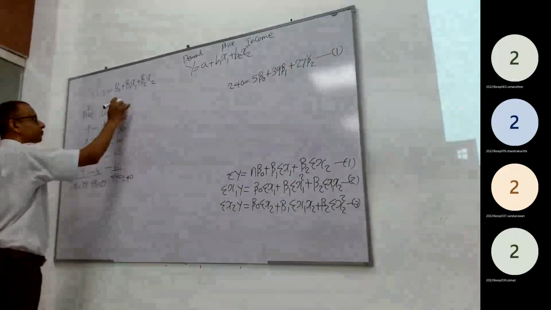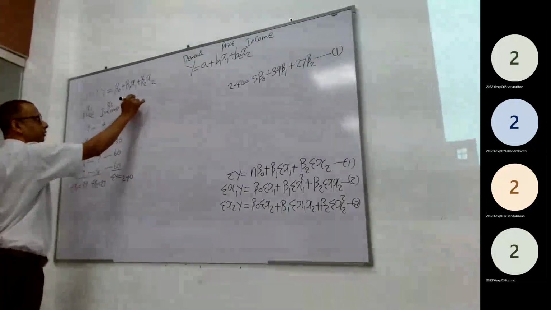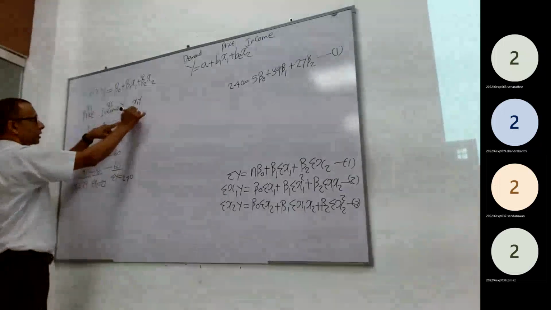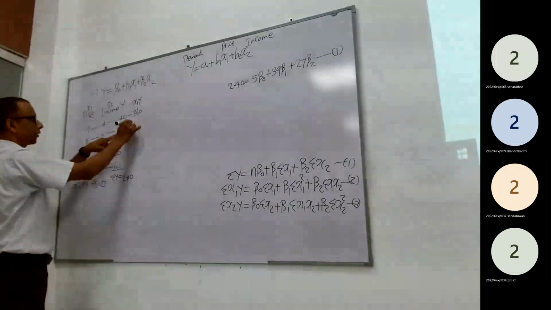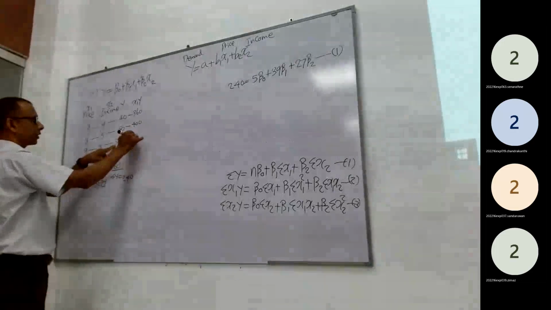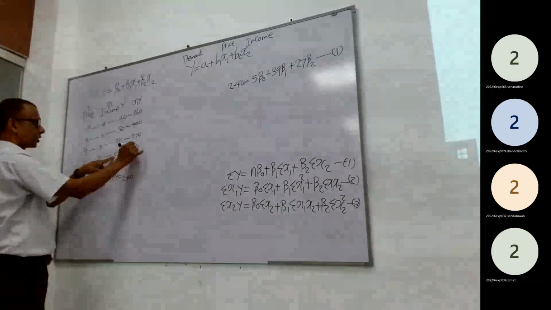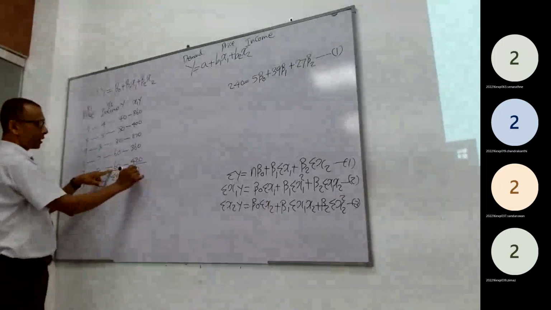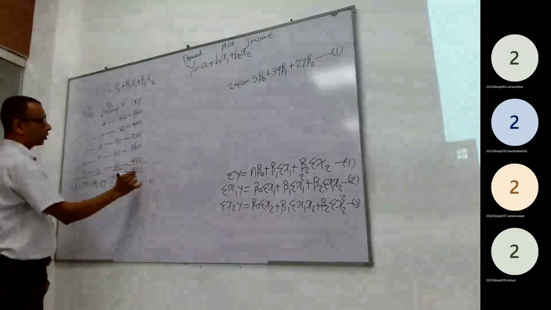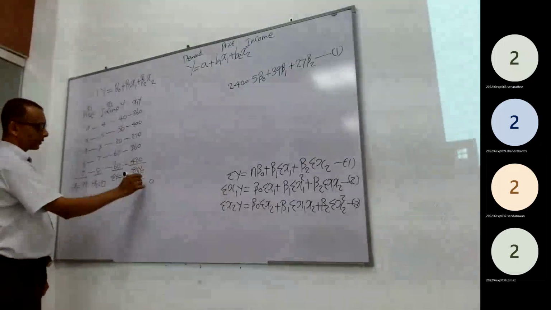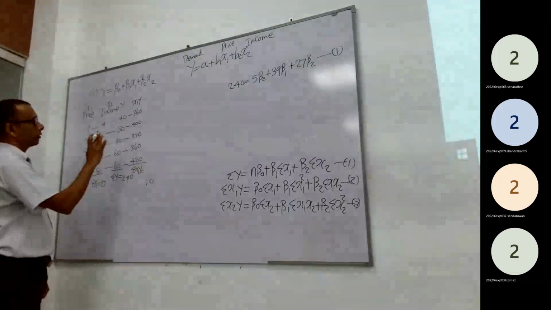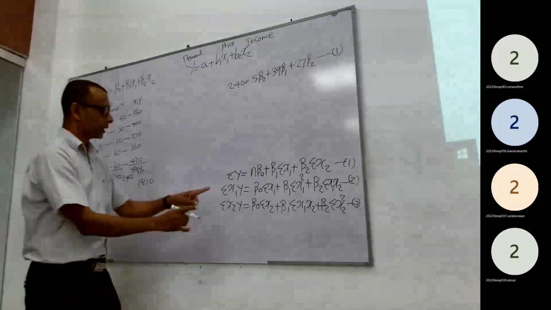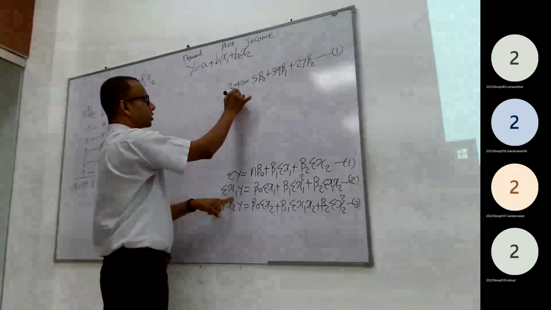I take space here for x1 y: 9 into 40 is 360, 9 into 20 is 180, and so on. Sigma x1 y is 1810.